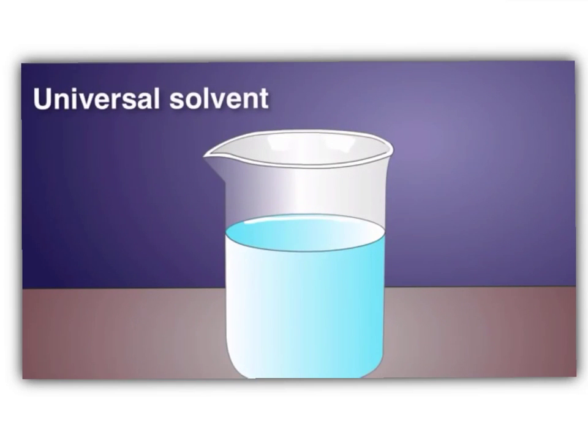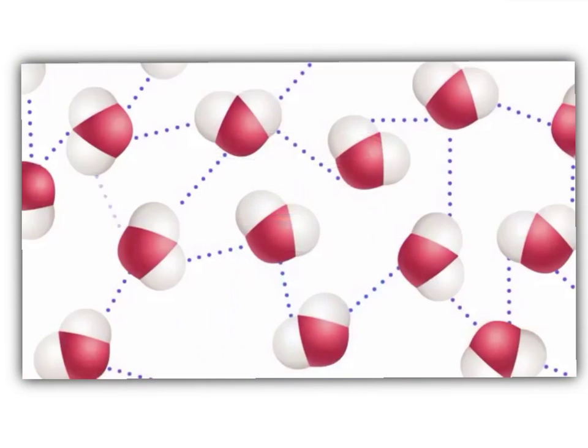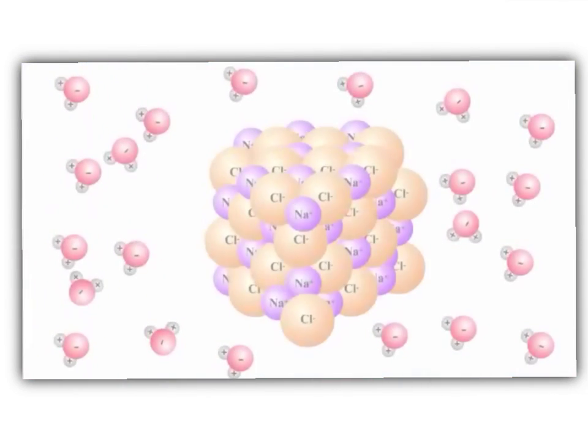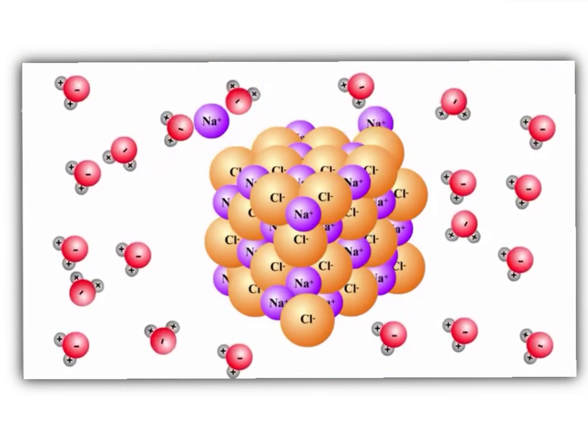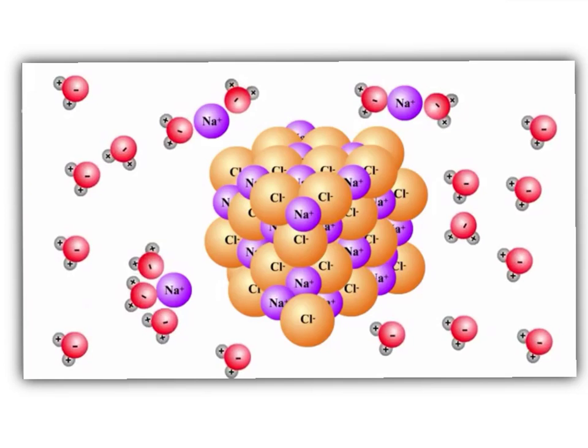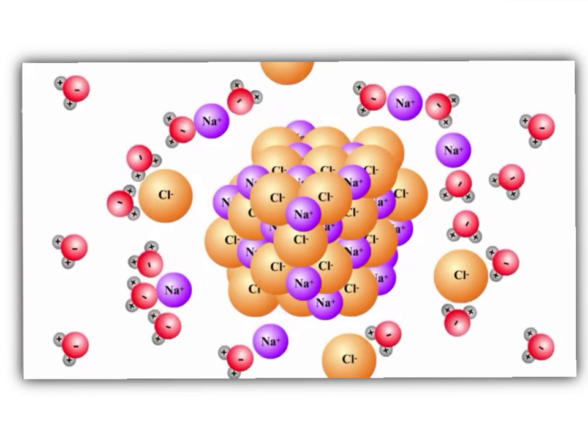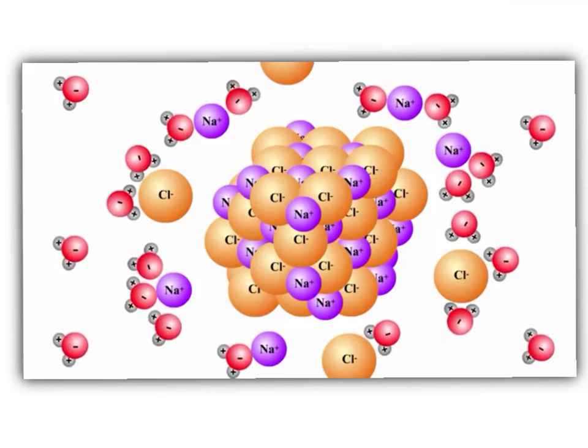Water is often called the universal solvent, which means that many substances dissolve in it. Water's solvency has to do with the polarity and hydrogen bonding ability of water molecules. When a salt, such as sodium chloride, is placed in water, the negative ends of the water molecules are attracted to the positively charged sodium ions, and the positive ends of the water molecules are attracted to the negatively charged chloride ions.